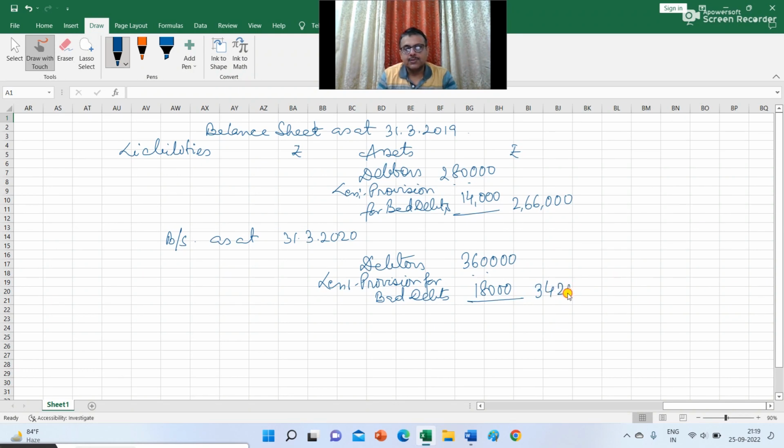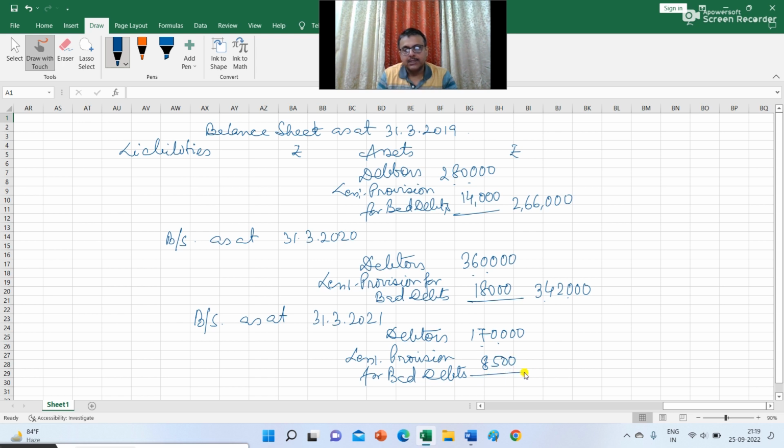So this is 3,42,000, and balance it as at 31st March 2021. So you have a debtor balance of 1,70,000 less provision for bad debts is 8,500. So 1,61,500 is the balance of debtors.